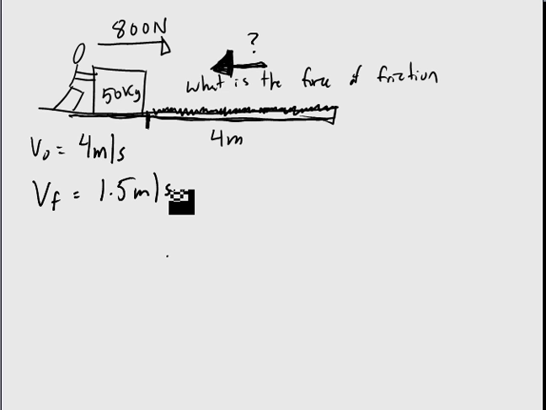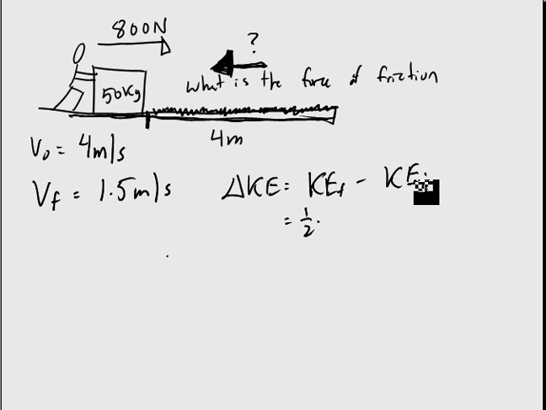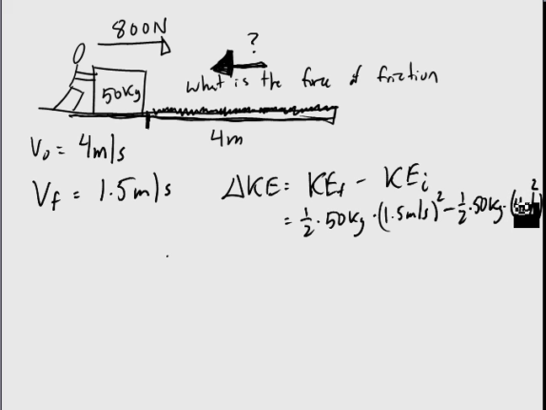So I have the initial and final velocities, and I have the mass, so I can find the change in kinetic energy. So the change in kinetic energy is equal to the final kinetic energy minus the initial kinetic energy, and that's going to be equal to 1/2 times 50 kilograms times 1.5 meters per second squared, minus 1/2 times 50 kilograms times 4 meters per second squared.